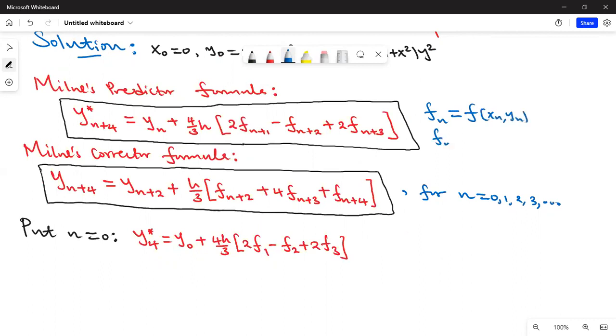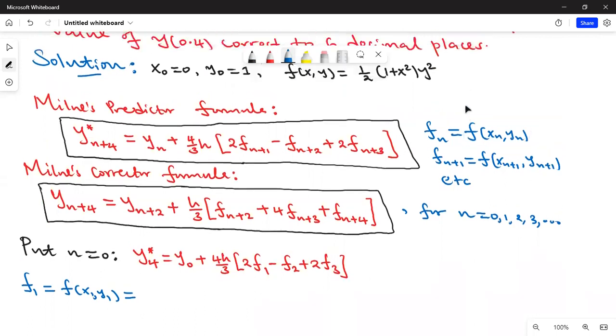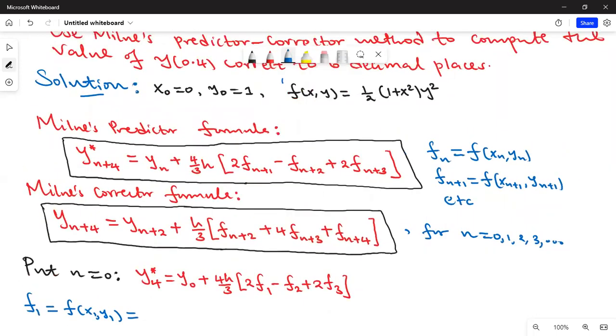When I write f_{n+1}, that is the same as f of x_{n+1}, y_{n+1}, etc. So let's see how to find f1. f1 is equal to f of x1, y1. From our definition of f of x, y, it is 1 over 2 times (1 plus x squared) times y squared.